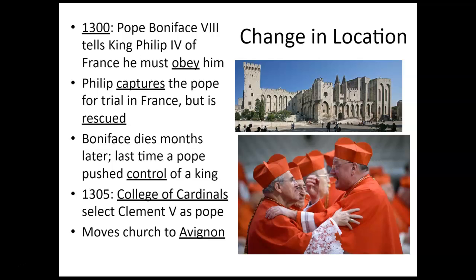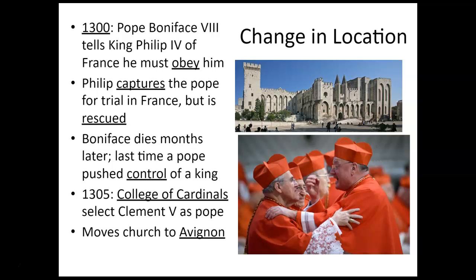Now, Boniface, even though he's rescued, dies several months later. And this is really the last time a pope pushed control of a king. There's really this last time that there's a significant butting of heads.